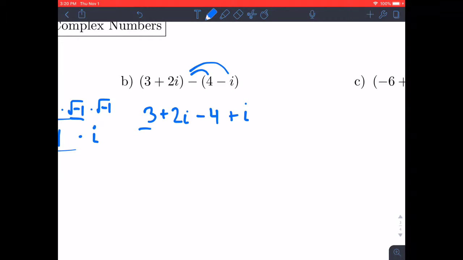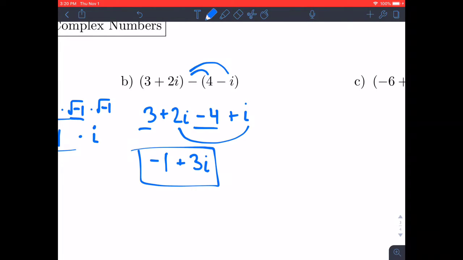And here we can combine like terms. 3 minus 4 is -1, and 2i plus i is 3i. Another option there is just combining your terms across. 3 minus 4, 2i minus a -i, and that'll get you straight to the same thing.